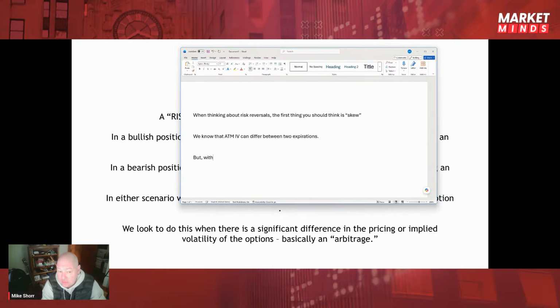But within any given expiration, the IVs of the different strikes can and will be different. Okay, and so I'm just going to put up here a typical equity skew curve.